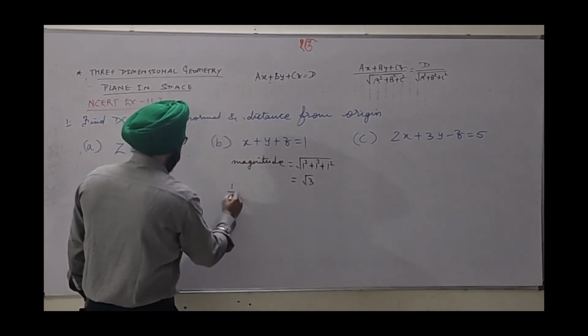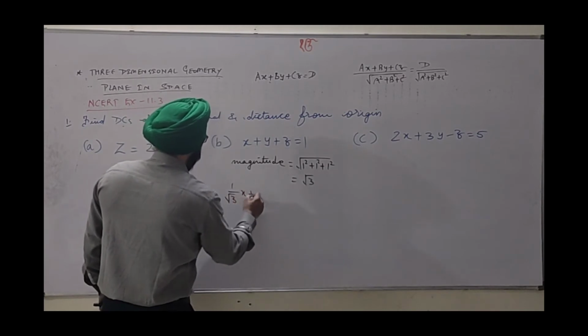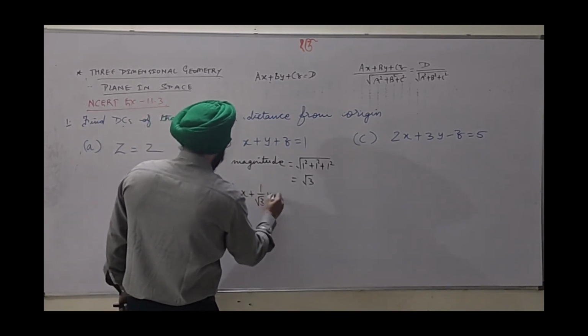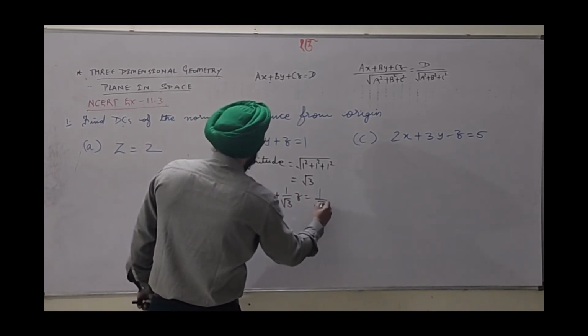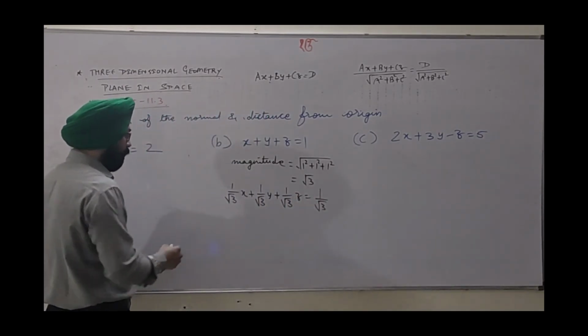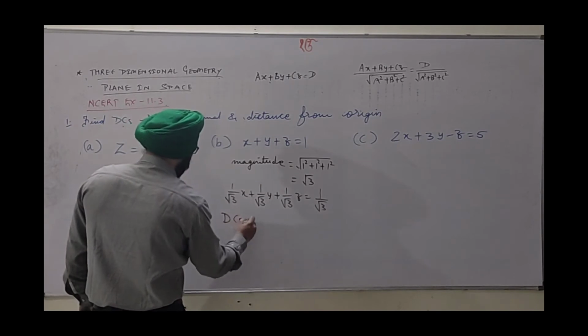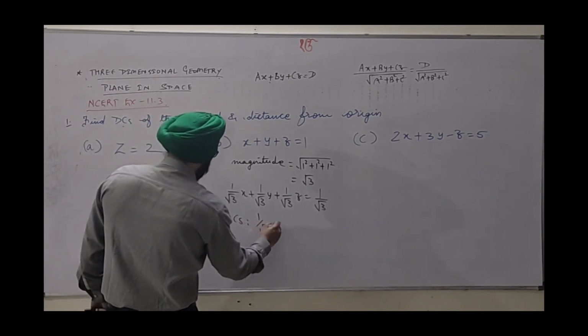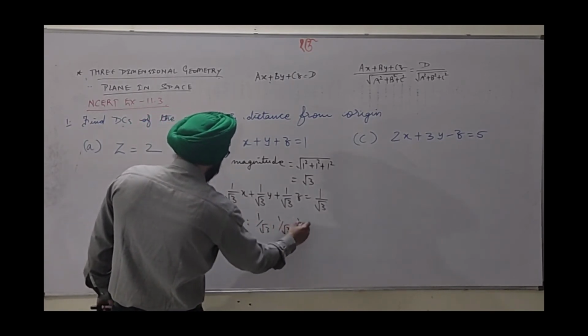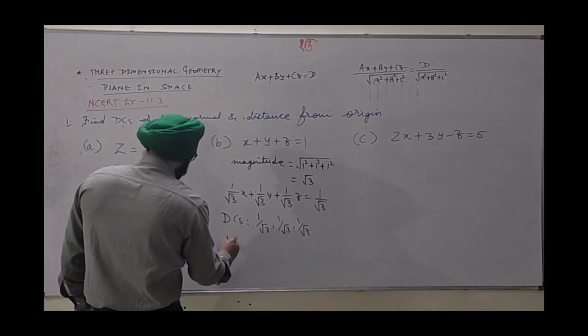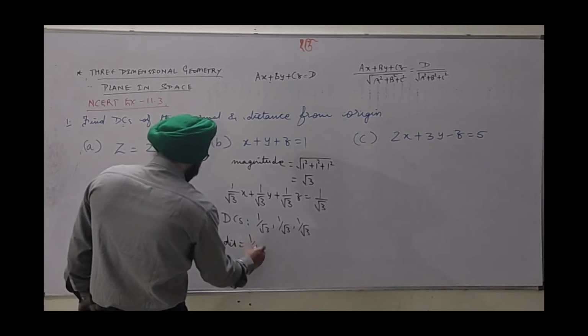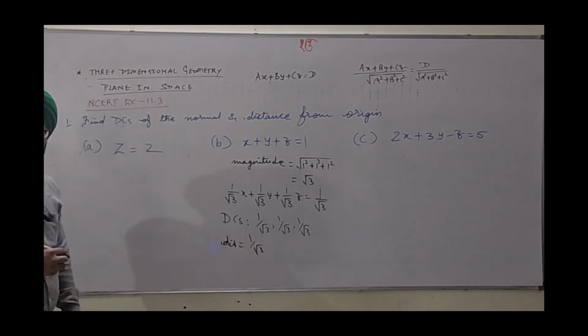Therefore the plane can be written as 1 by root 3 x plus 1 by root 3 y plus 1 by root 3 z equal to 1 by root 3. So the direction cosines of the vector are 1 by root 3 each, these are all equal, and the distance from origin also is 1 by root 3.